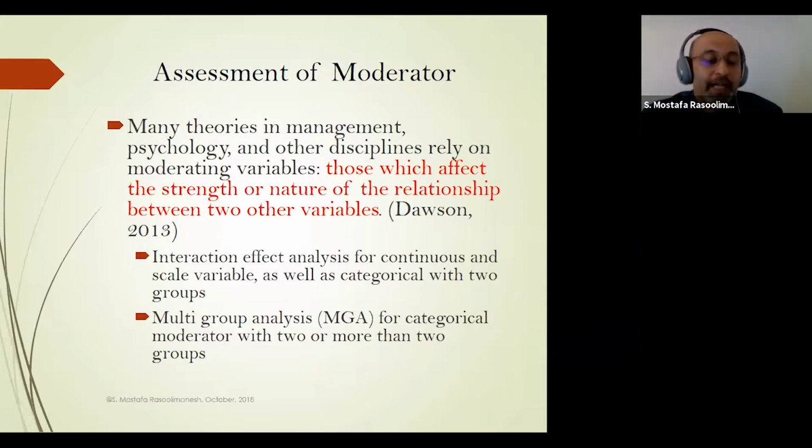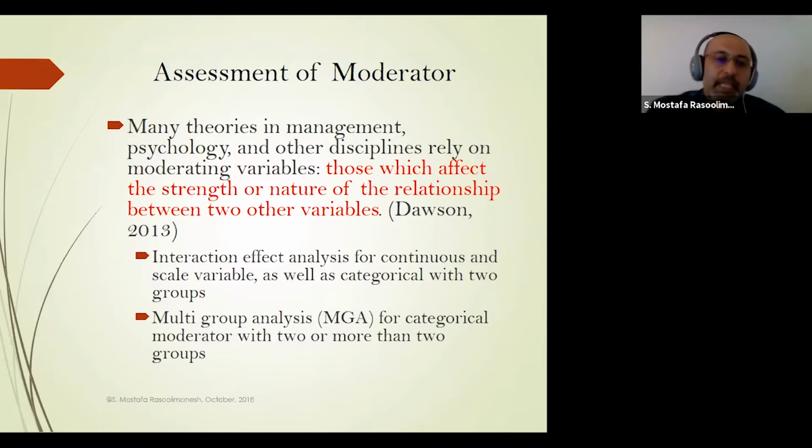A moderator is a variable such that, based on different levels of this variable, we believe some relationship should change.